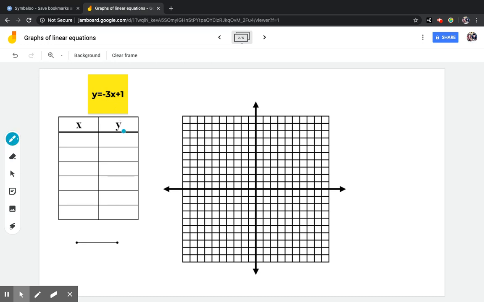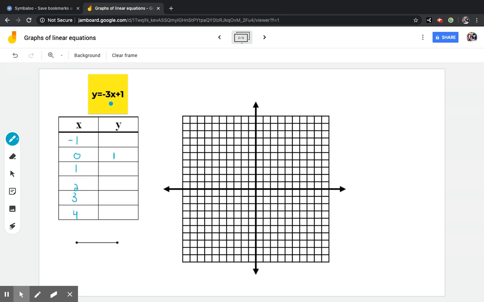So we have y equals negative 3x plus 1. So like I always do, I start with negative 1, 0, 1, 2, 3, and 4. Just makes it easy. Okay, start with 0. So what is 0 times negative 3? Well, that's 0. Plus 1 would be 1.